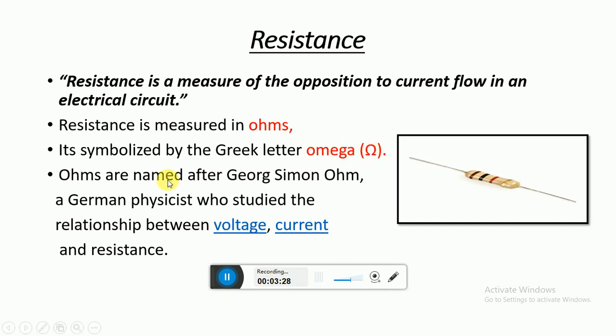The ohm is named after Georg Simon Ohm, a German physicist who studied the relationship between voltage, current and resistance. That is the famous relation V equals IR, which is Ohm's law. So keep in mind V equals IR is Ohm's law, and the unit of resistance is the ohm, represented by the Greek letter omega.